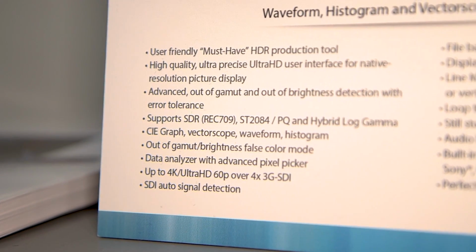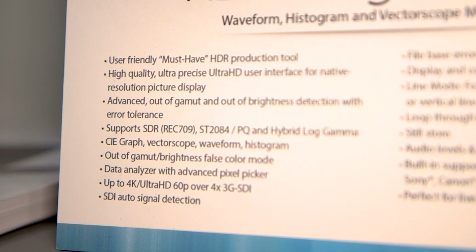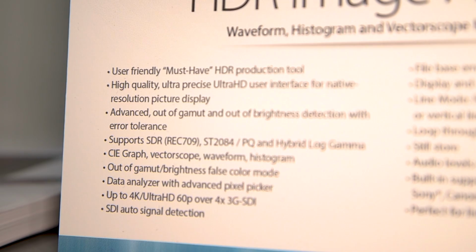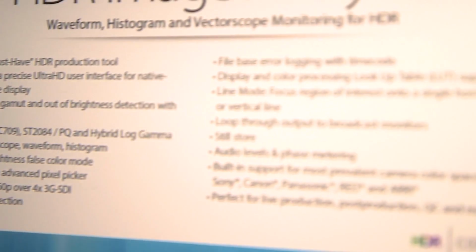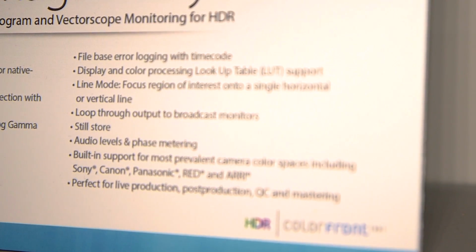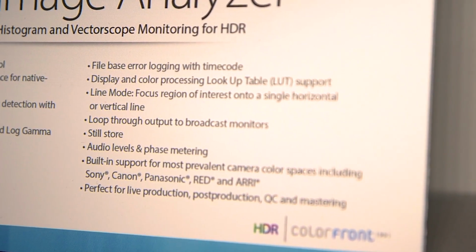And again, trying to make workflows more efficient, we've introduced the concept of something called single master workflow. So instead of having two separate trucks for SDR and HDR, we've turned on the SDI monitoring output and allowed you to actually put separate transforms on that.